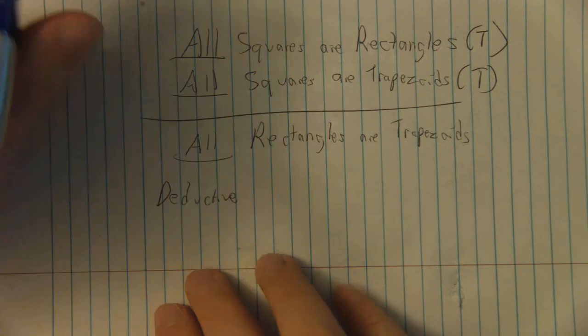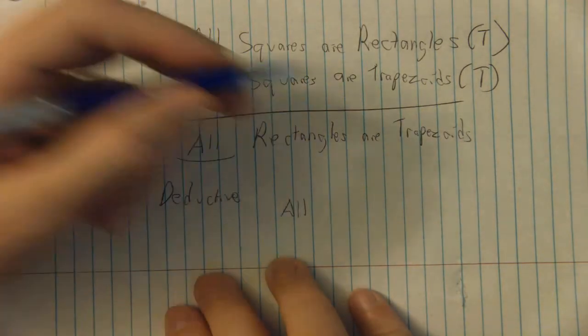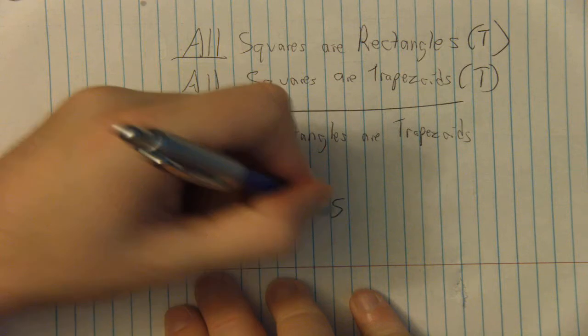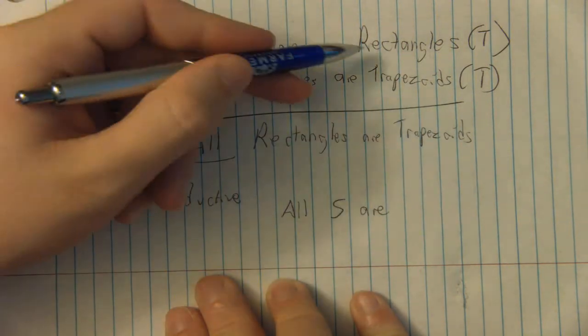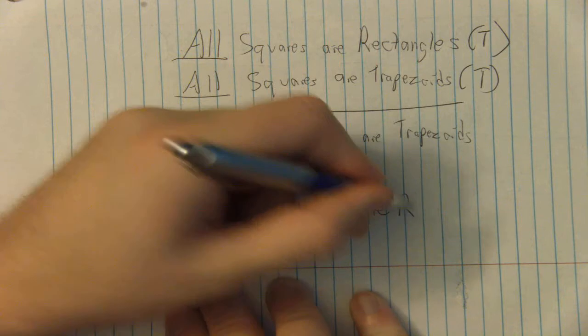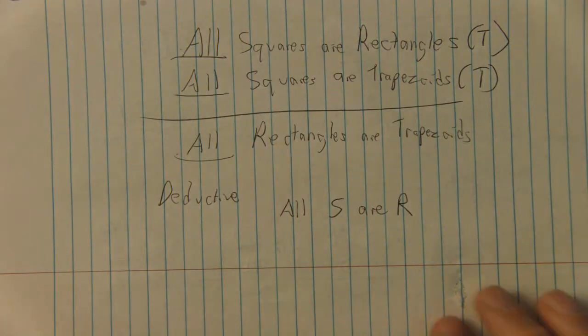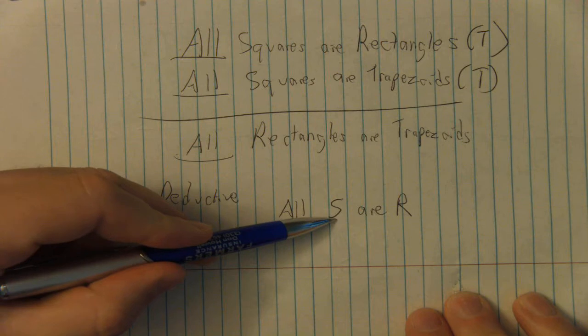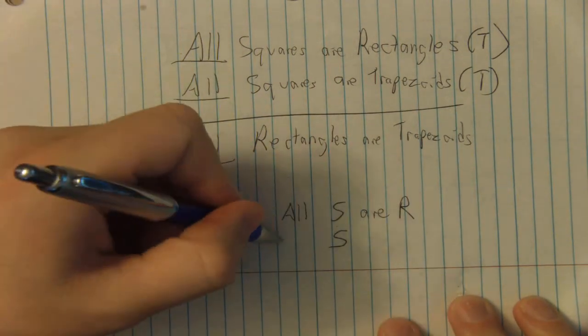How do we do that? Same as before. All is logically important. Squares is not, so I'm just going to replace it with an S. Are rectangles. So all S are R. As long as you can do this, just make sure you stay consistent. If S is squares in premise 1, S has to be squares in premise 2.